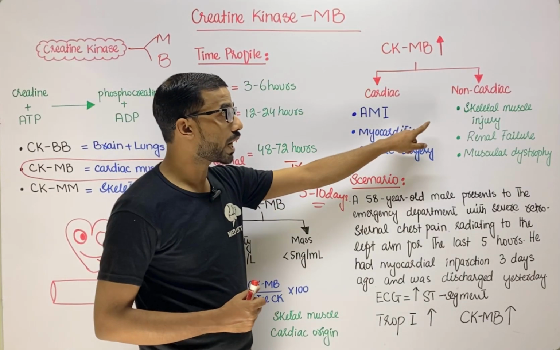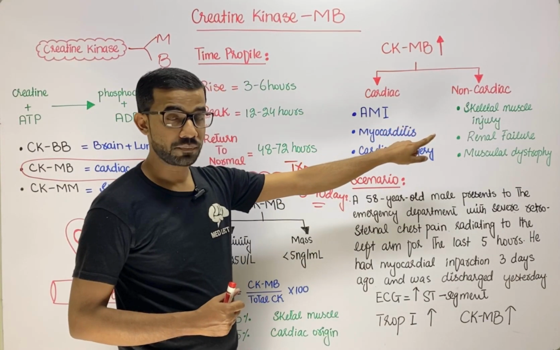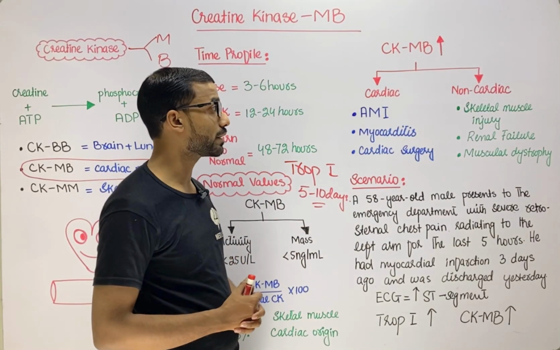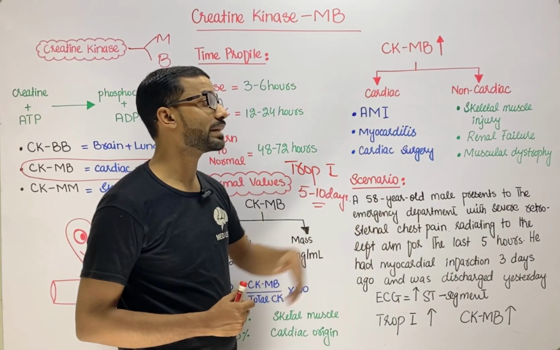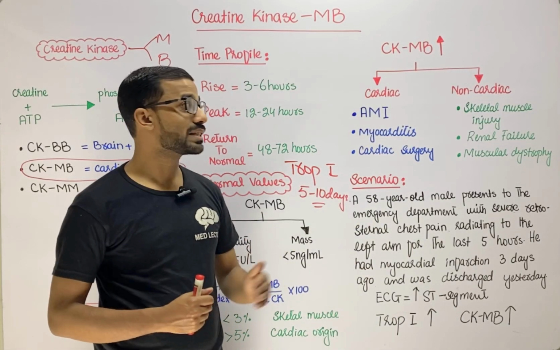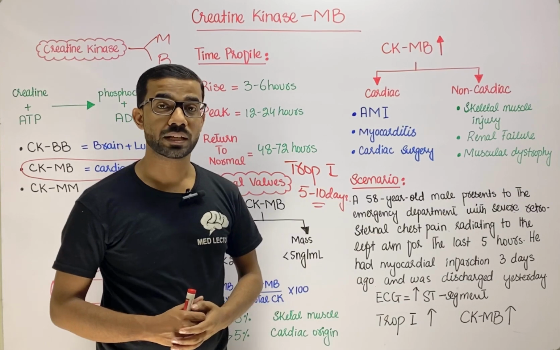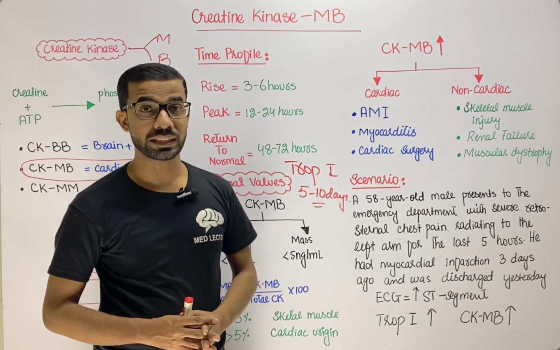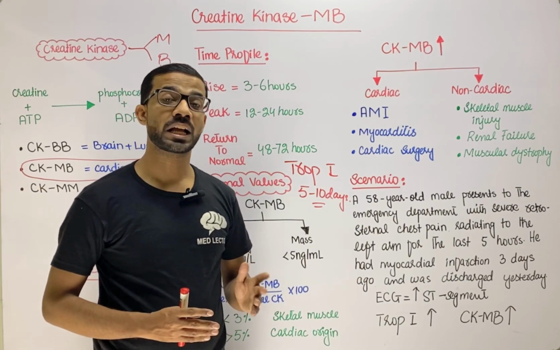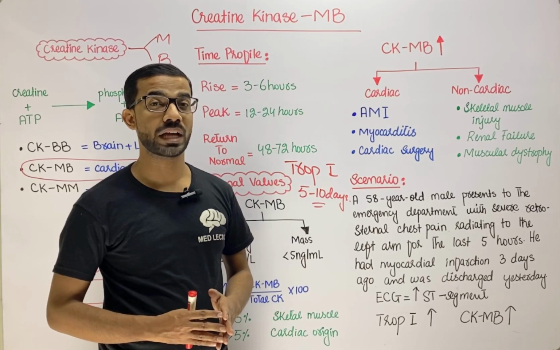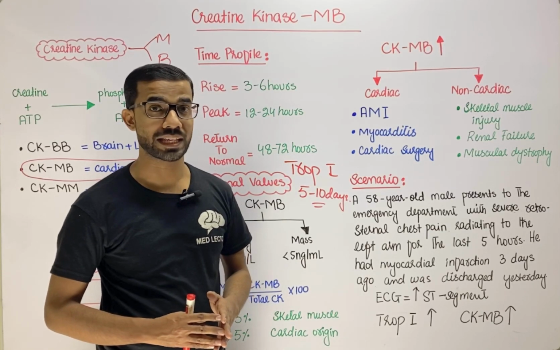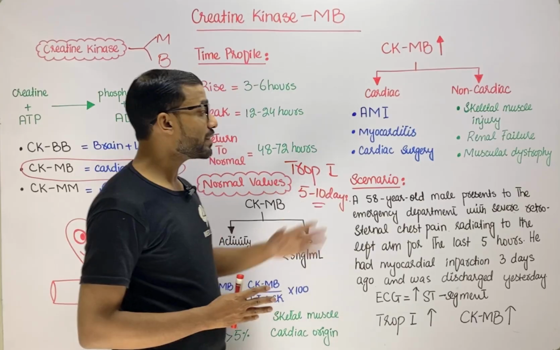But the non-cardiac reasons are skeletal muscle injury, renal failure and muscular dystrophy, in which you can also see a CKMB increment. So we have to correlate the CKMB with the clinical manifestations, and along with that we can also go towards the troponin I as well.